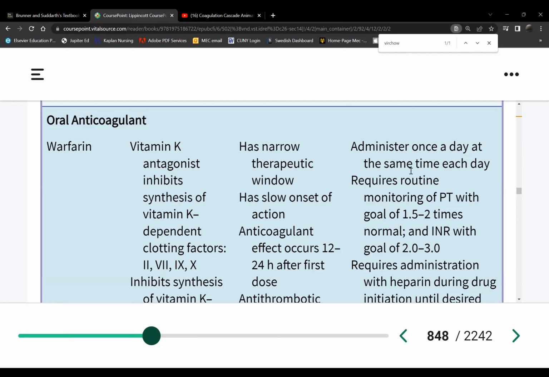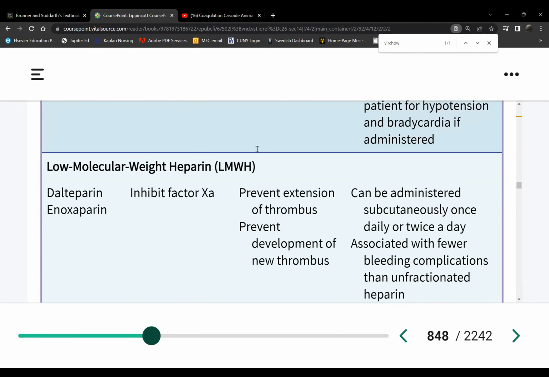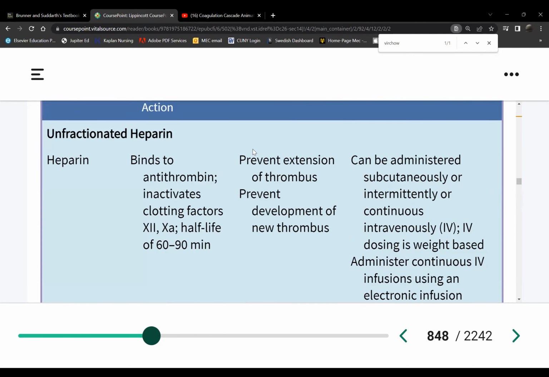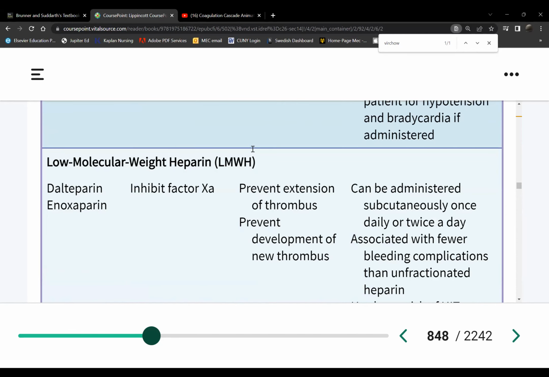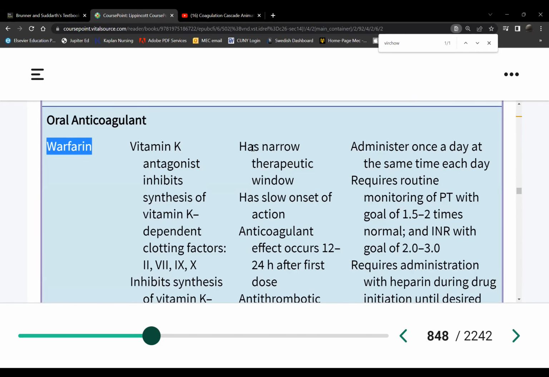So let's say the patient will go on warfarin. Then the patient will be on heparin first, and on the same day be given warfarin. So let's look at why. Why is the patient on both heparin and warfarin at the same time for a few days?